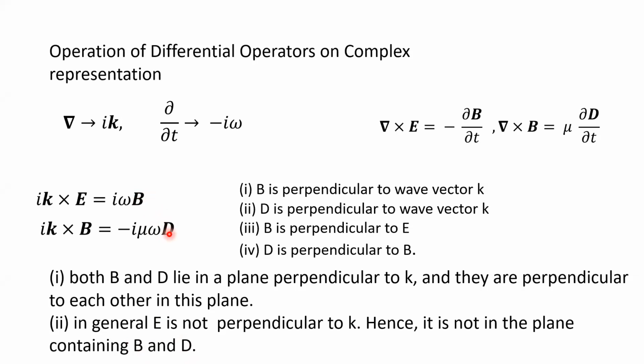We know E is not parallel to D, but E is also perpendicular to B. Now, in a plane, if you have two vectors which are perpendicular to each other, then naturally there's only one direction. If there's another vector which is not perpendicular to one of them, then that cannot be in that plane. So later I will show you a diagram of how that happens. Keep in mind that E then is not contained in the plane containing B and D.